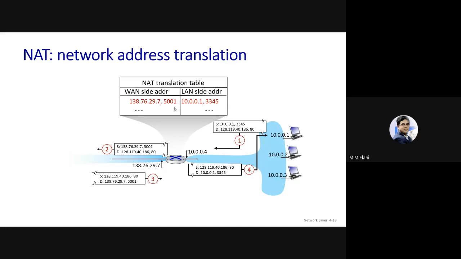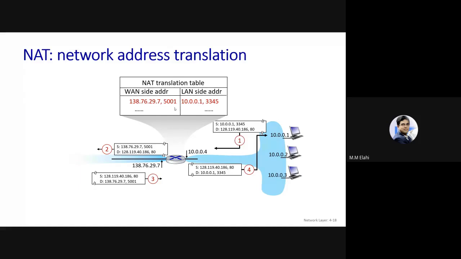And since the router is generating a new port number that is 16-bit, how many values can be generated? From 0 to 2 to the power 16 minus 1, right? Yes, sir. That means using a single public IP, theoretically, more than 60,000 connections can be created, because some ports are reserved for special purposes, but other ports can be used.